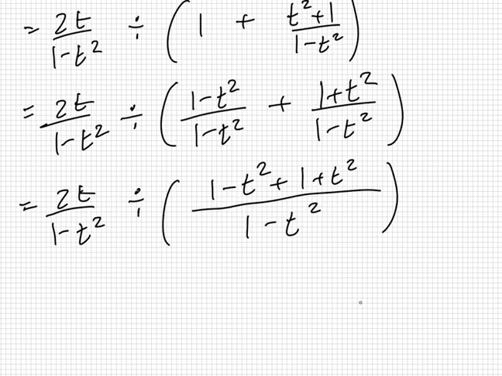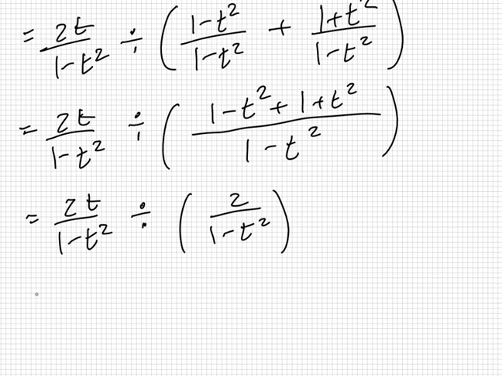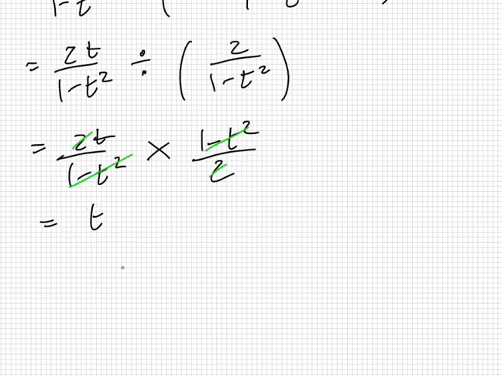So that's great because the t squareds will cancel. 2t over 1 minus t squared divided by 2 over 1 minus t squared, which equals 2t over 1 minus t squared times 1 minus t squared over 2. So that cancels with that and that cancels with that, so you're left with t. But what was t? Tan a. And what was a?